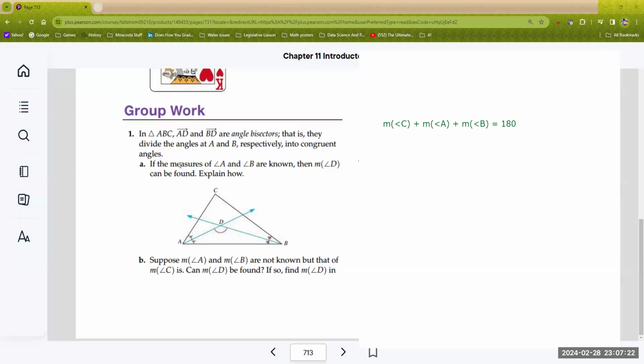But use what we found in A. Remember what we found in A? We found that the measure of angle D is equal to 180 minus measure of angle A divided by 2, minus measurement of angle B divided by 2.